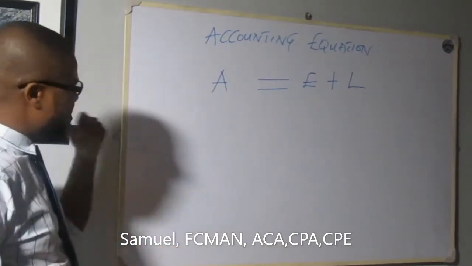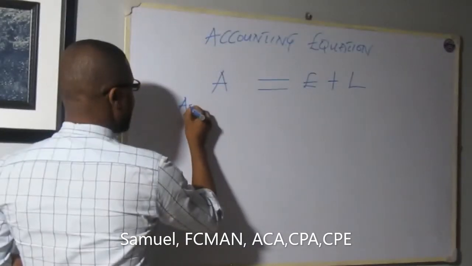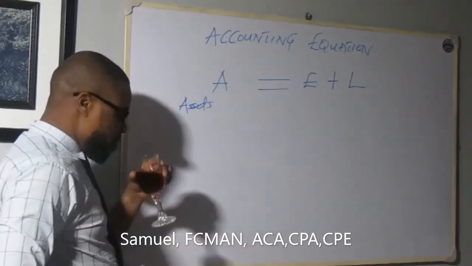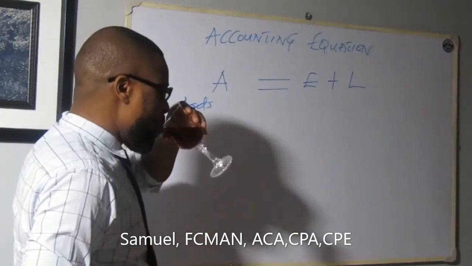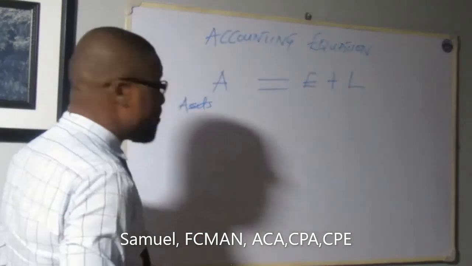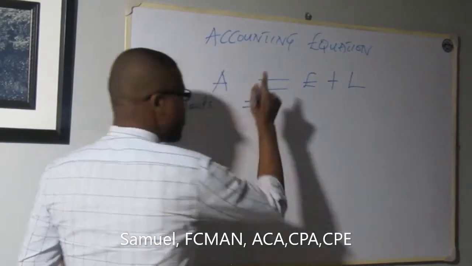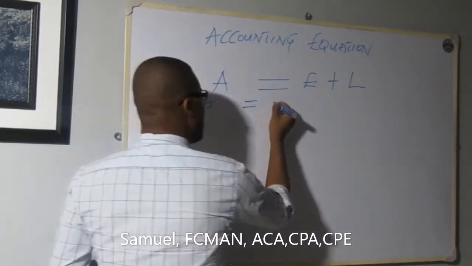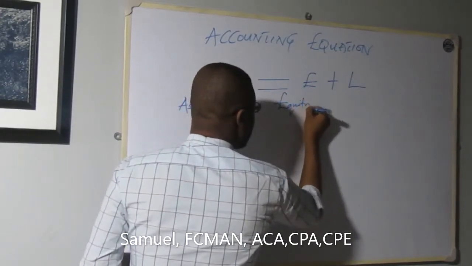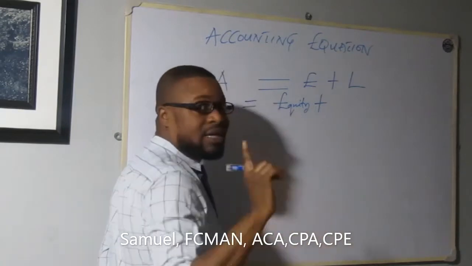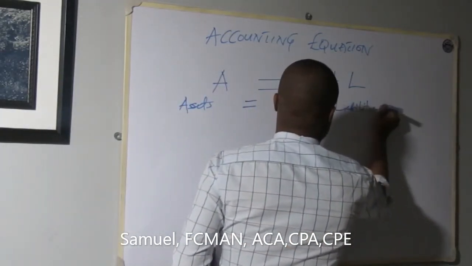So the next thing is, let us see what is the meaning of A. A represents assets, which must be equal to, don't forget the equation sign, E. In this case, E is equity plus L represents liabilities.